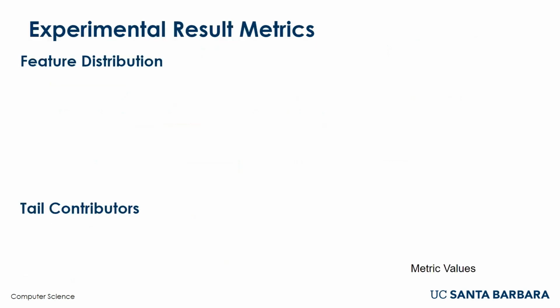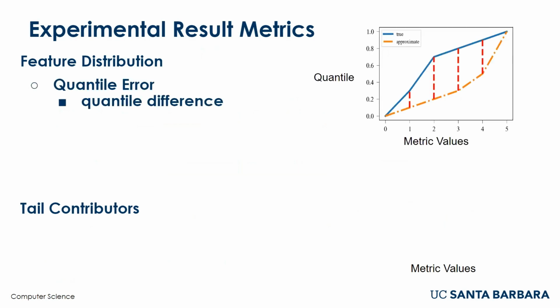In experiments, we showcase approximate feature distribution and identifying tau contributors. In feature distribution, we use quantile error to measure the difference in terms of y-axis, as shown in the figure on the right-hand side.